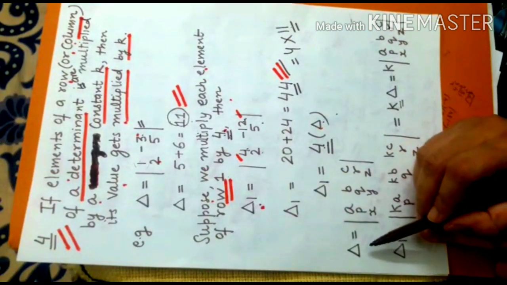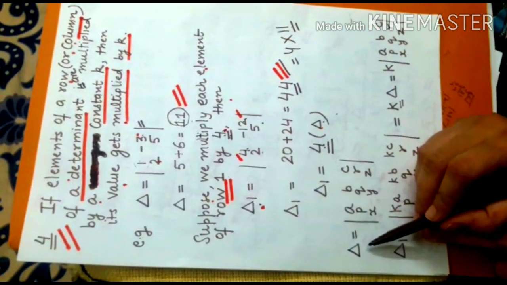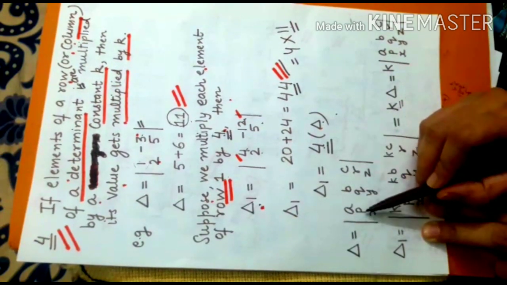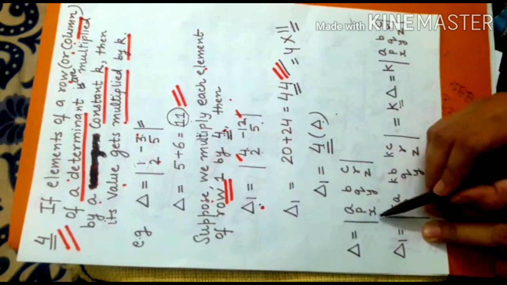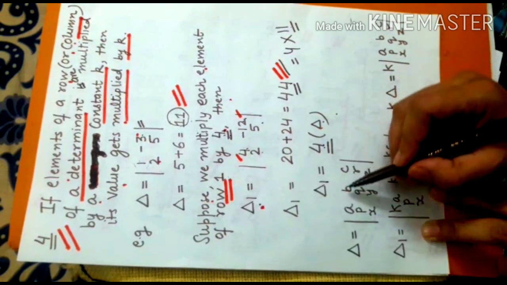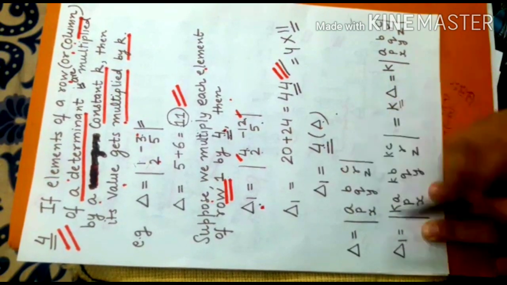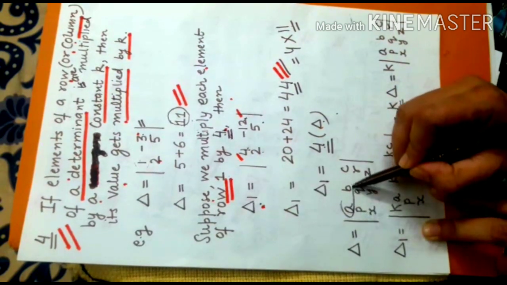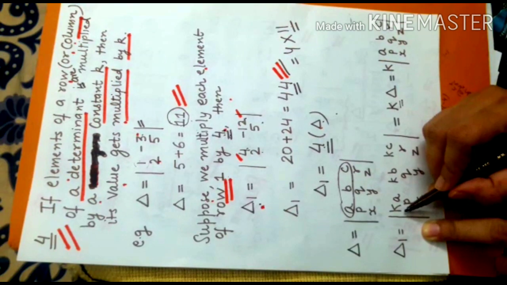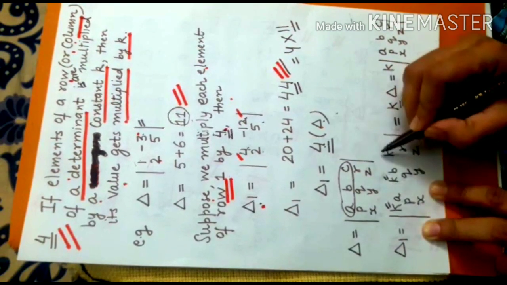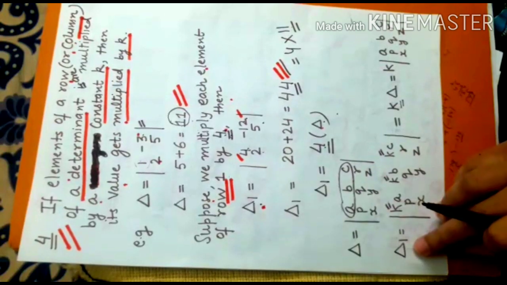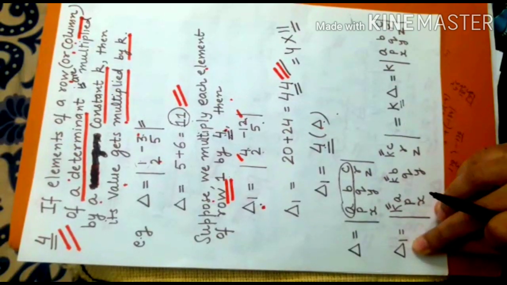So here we have a determinant delta with first row a, b, c, second row p, q, r, third row x, y, z. Let us multiply the elements of the first row by a constant number k, and the new determinant is denoted by delta 1.